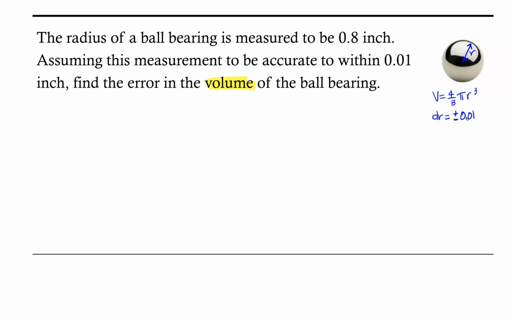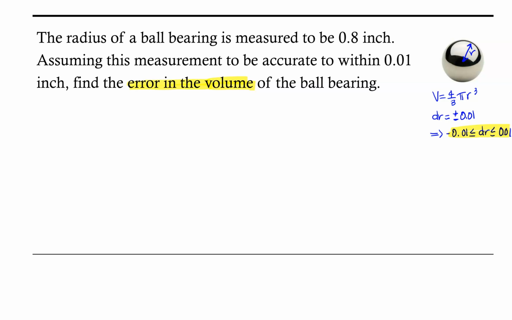So what that tells me is that my dr lies in this interval. That dr is somewhere between -1/100th of an inch and 1/100th of an inch. And so we'll want to be attending to this notion as we go through, and that's going to help us find this error in the volume of the ball bearing.